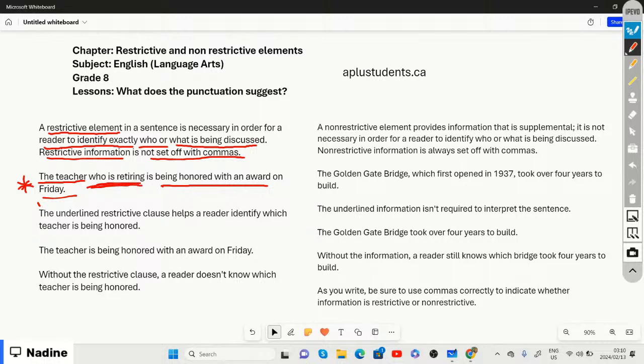That is why the underlined restrictive clause, who is retiring, helps the reader to identify which teacher is being honored. Instead of just saying the teacher is being honored, we are specifically saying the teacher who is retiring is being honored. So now we specifically know who is being awarded.